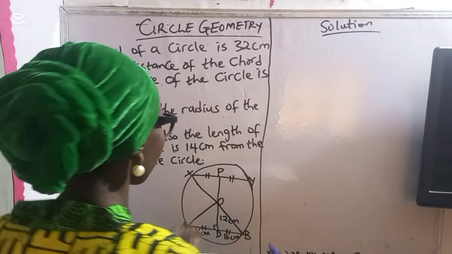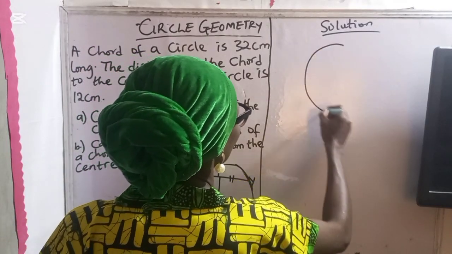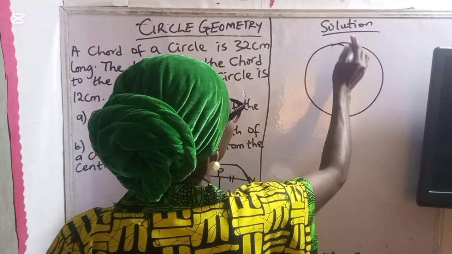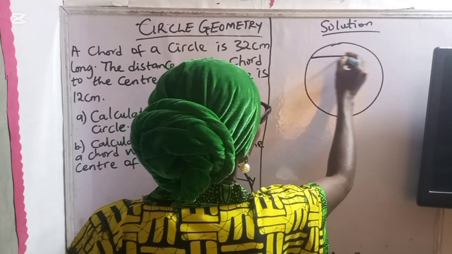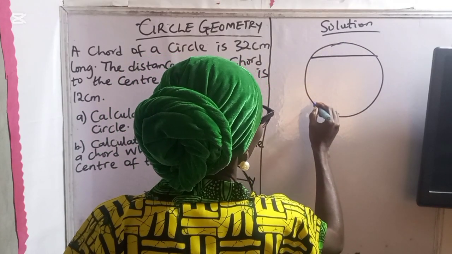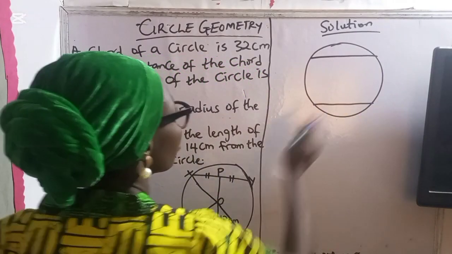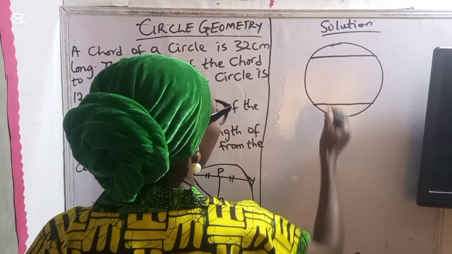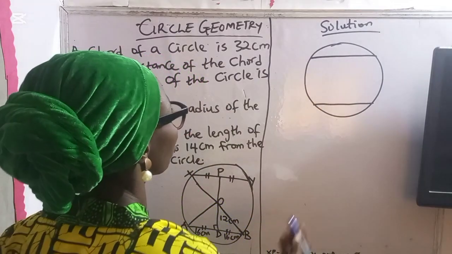Let's have an understanding of this circle. This is a circle. This is a chord. We are asked to calculate the radius of the circle.